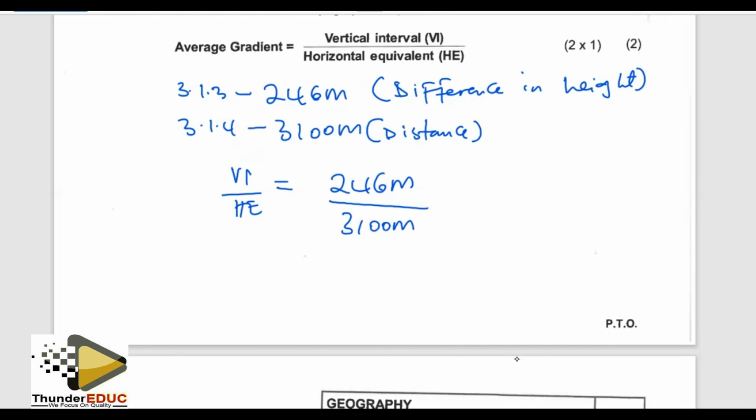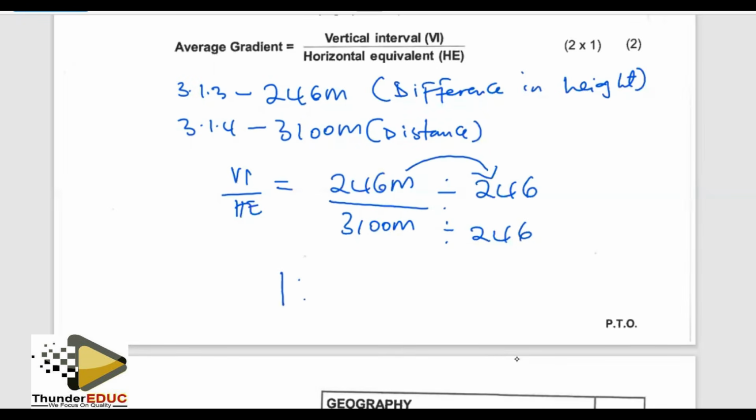When you have everything in meters, the figure on top divides by itself, divided by 246. And what you do on top, you as well do at the bottom, divided by 246. Then 246 divided into 246 will be 1.